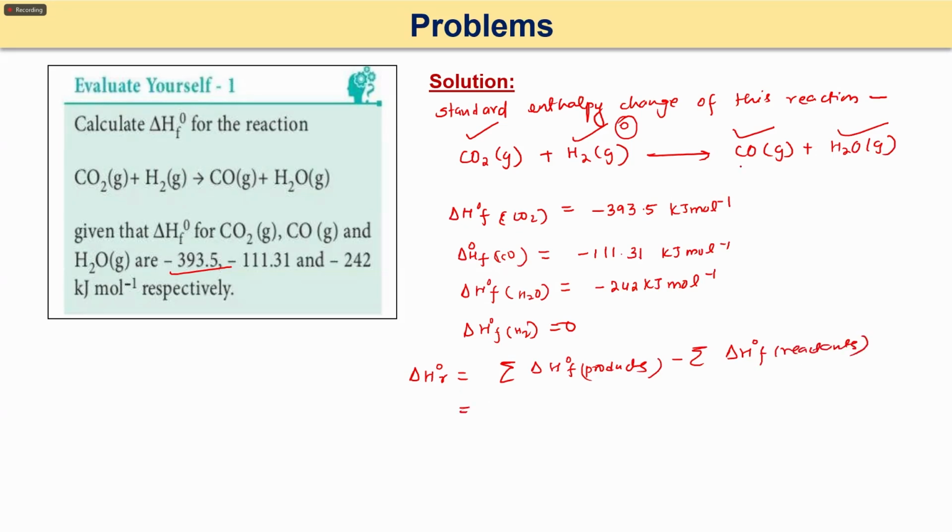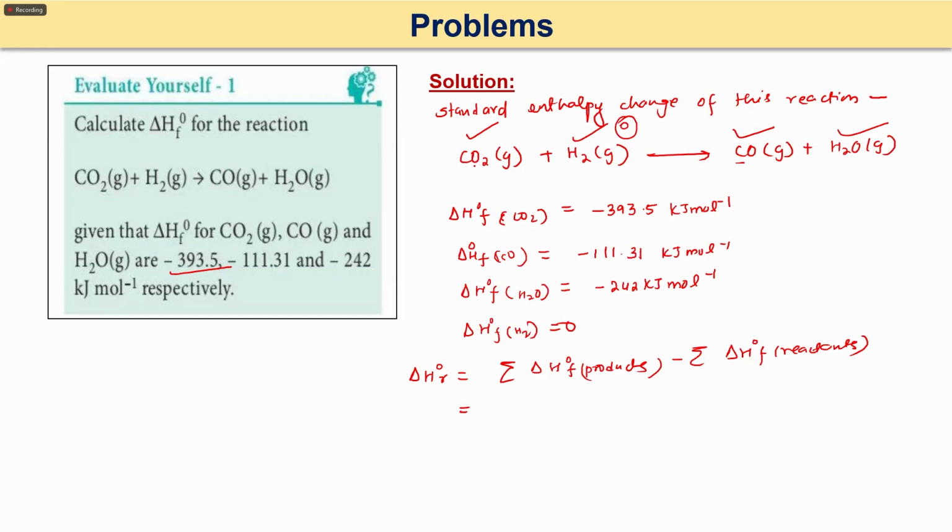So in the product side we have, okay, let us first see if this thermochemical equation is balanced or not. This will be our first task, to check whether the equation they have given is balanced or not. If it is not, then we will have to first balance it, then we can calculate the enthalpy change of the reaction. Okay, so here carbon is 1. In the product side we have 1 carbon.